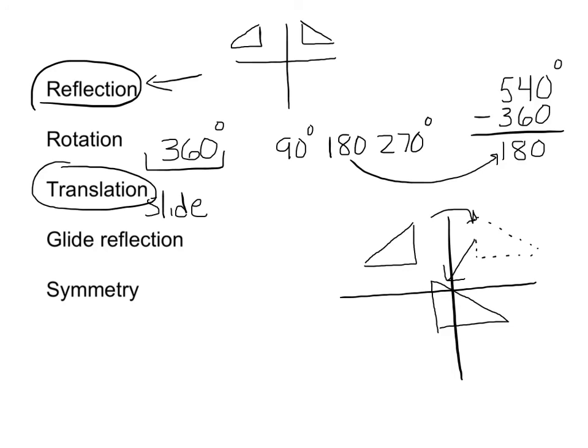When we talk about symmetry, we'll focus on the letters D and Z. Keep in mind that a letter, a number, a figure does not have to have any lines of symmetry, but it will always have at least one rotation, and that's 360 degrees.